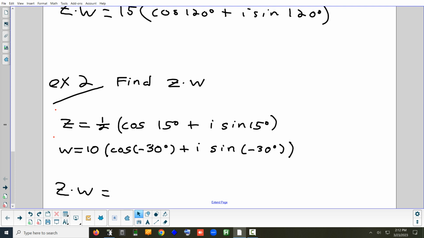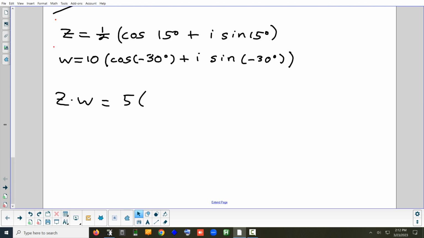What's going to be the radius when we multiply these two together? 5. Yep. And what's going to be the angle when we multiply those together? 345. Okay, what would you get if you left it as a negative? Negative 15. Right. When you add these together, you get negative 15. Now, directions didn't say to make it positive, but I've told you you probably should for the test.